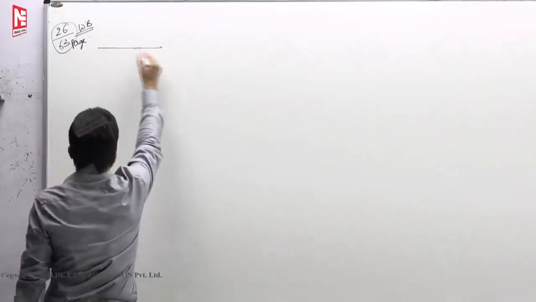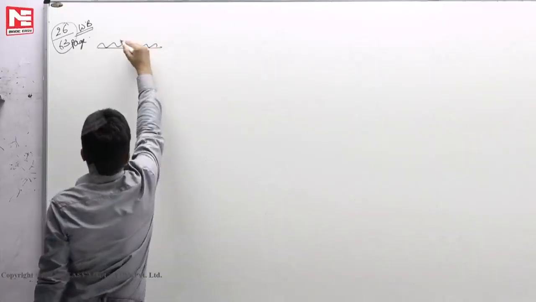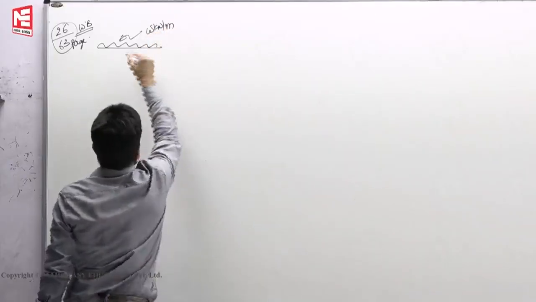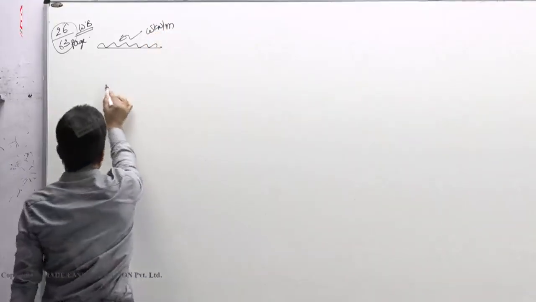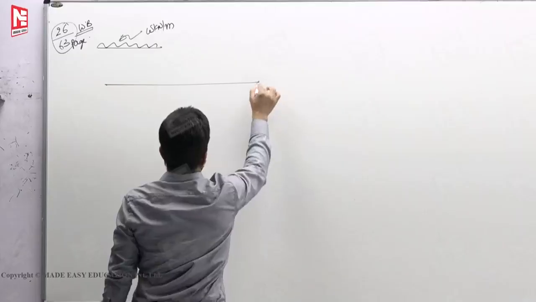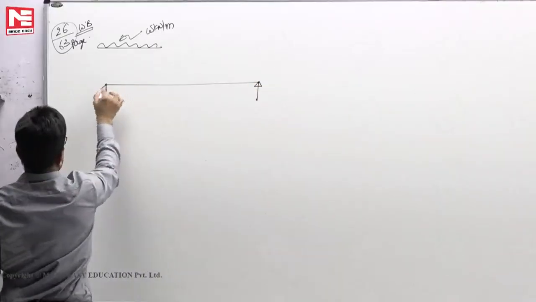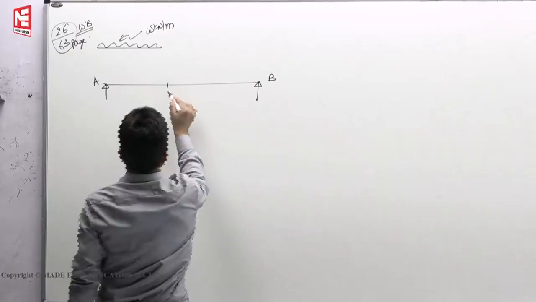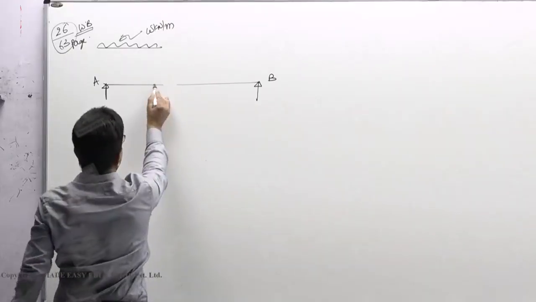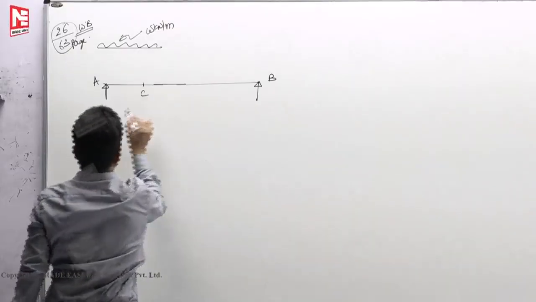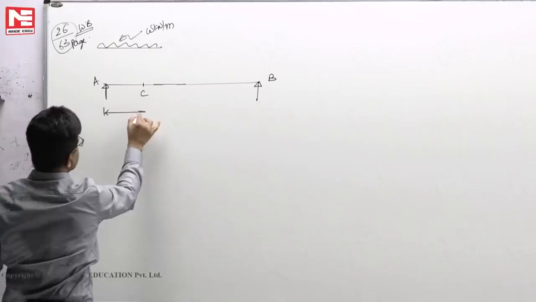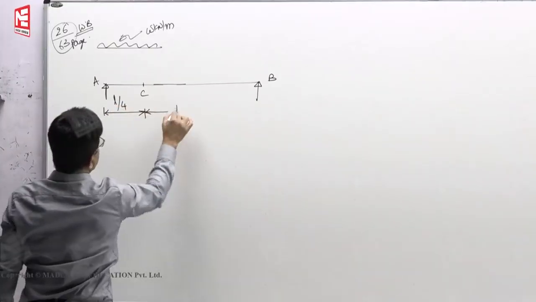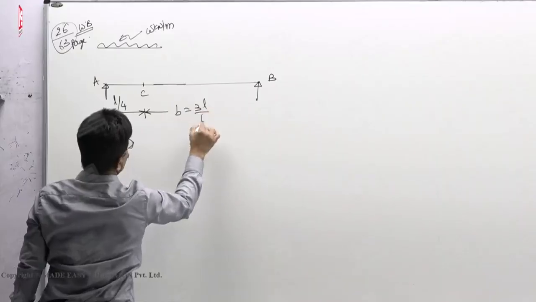We have a UDL, length not given, some length was there. This is simply supported beam A, B. This point he says C. He gives you this distance L by 4, then B value will become 3L by 4.